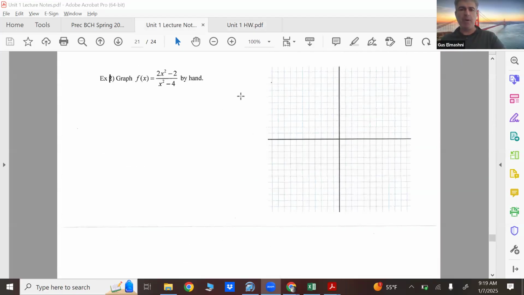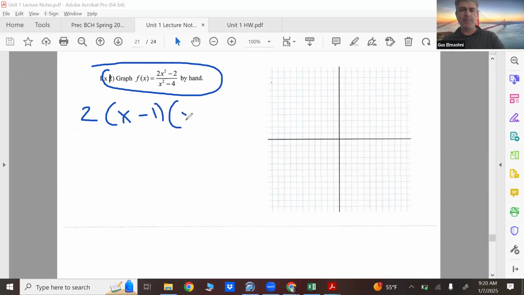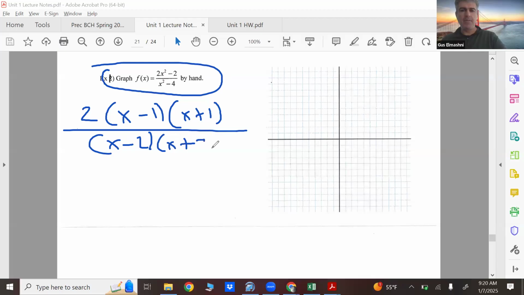So page 21, example 1. I think you guys did do this last year. You're going to want to do this first.